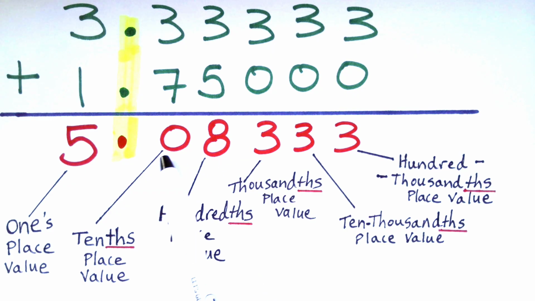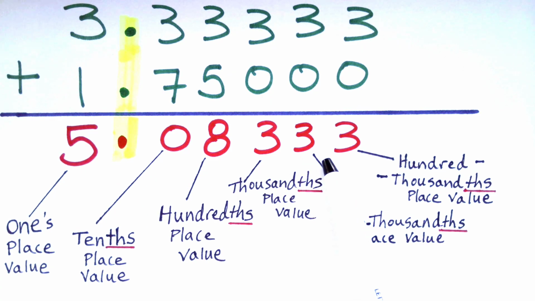The 8, 2 places to the right of the decimal, is your hundredths place value. So the way you say this is 8 hundredths. 3 digits to the right of the decimal is 3, and that would be your thousandths place value. So 3 thousandths is how you would say that value.